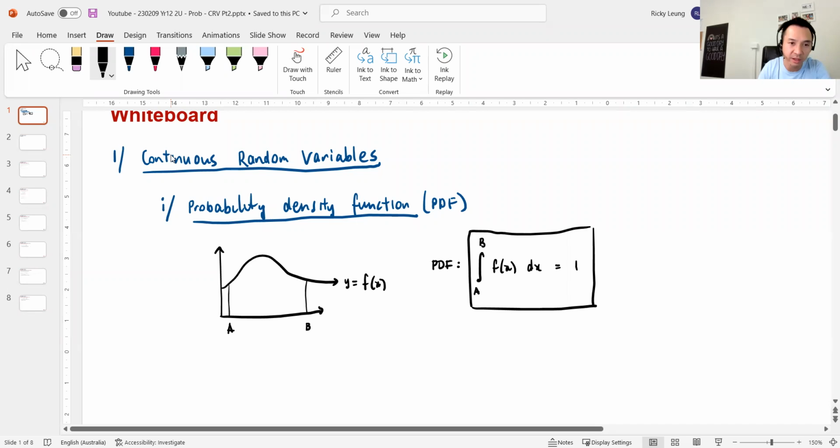Now, within the boundaries of A and B, let's go from little a to little b. If I wanted the probabilities for all the area in between, then the probability that little a is less than or equal to X, less than or equal to little b, equals the integral of f(x) dx from a to b.